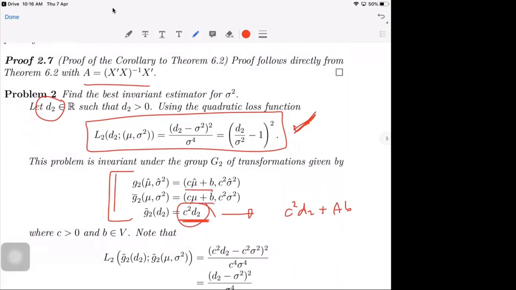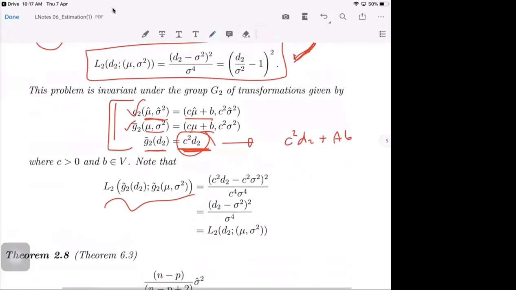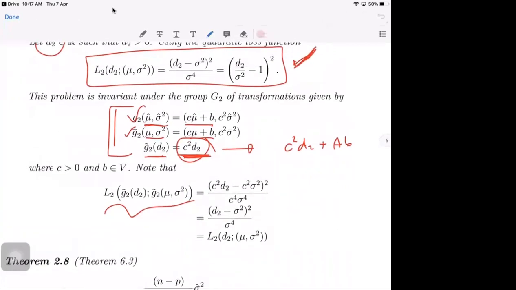You still retain the parameter and estimator space, but the action space will just be C squared D2. So that if you apply the loss function on the transformation G2, you will still get the original function. Okay?